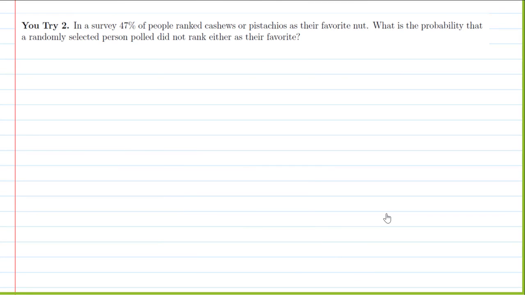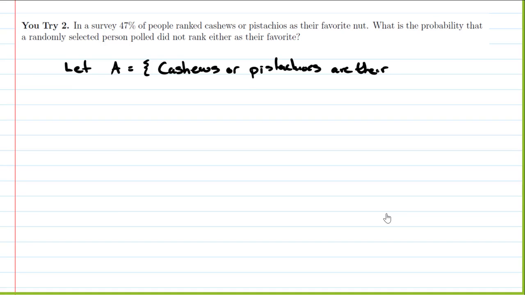All right, so let's let A be the event: cashews or pistachios are their favorite.